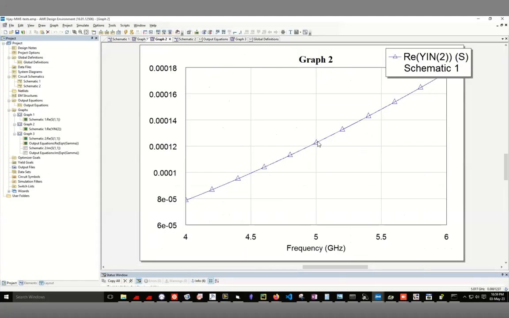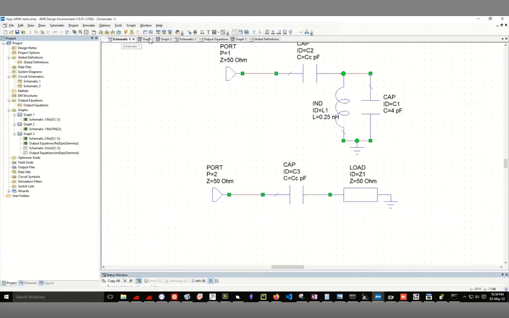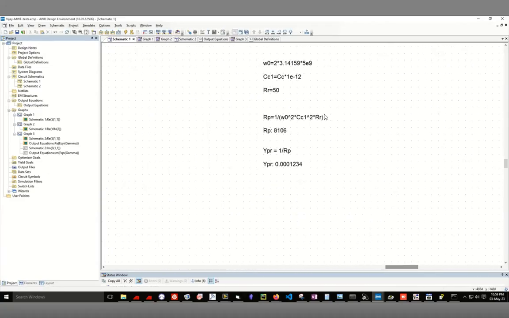And remember that we only chose the value at one particular point, so you can see that it does vary from frequency to frequency, but we used this value. So this was just to show that the value this thing calculates, something like 0.00012226, is matching the number we calculate from the formula we just derived, which is basically 1 over Rp.